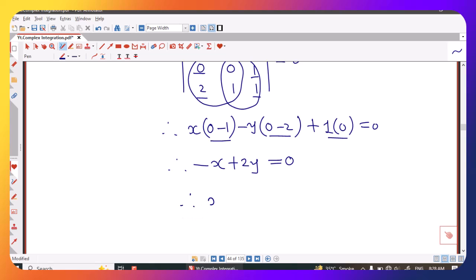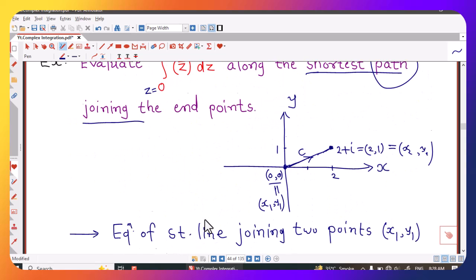So this is the equation of the straight line joining the 2 points. Our contour C can be written as x equal to 2y, or we can write y equal to x by 2 also. If we write x in terms of y, then we have to find the values of y at these endpoints. At this point y is 0, and at this point y is 1.